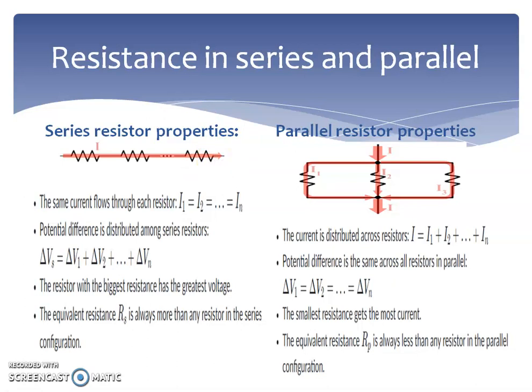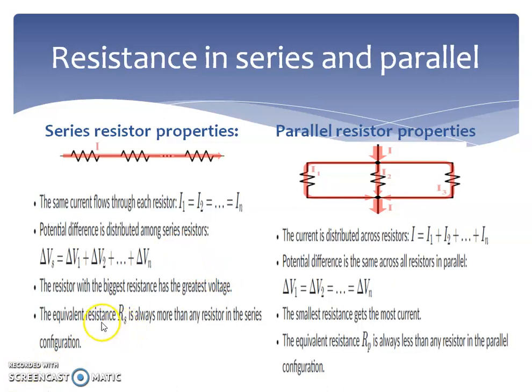The first property is that current is the same, and voltage is different across each resistor connected in series. The resistance with the biggest value has the greatest voltage. It is obvious because voltage is proportional to R, so the biggest resistance will automatically have the greatest voltage.